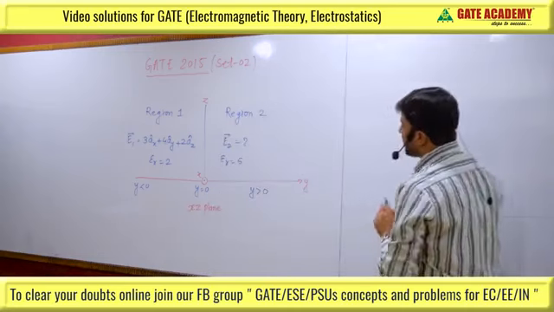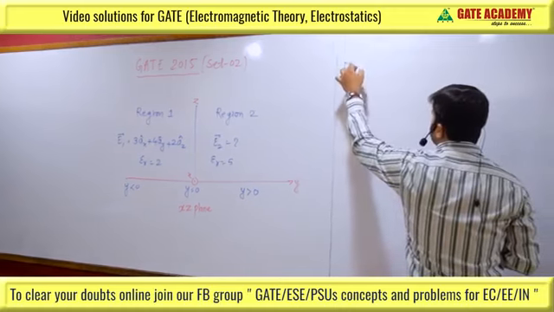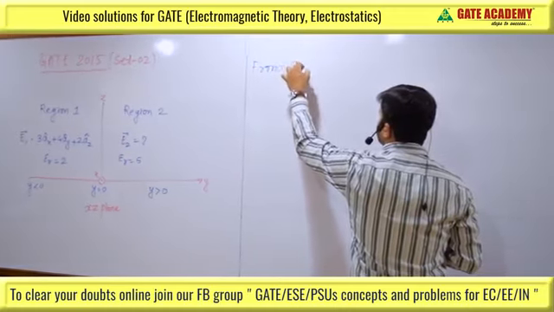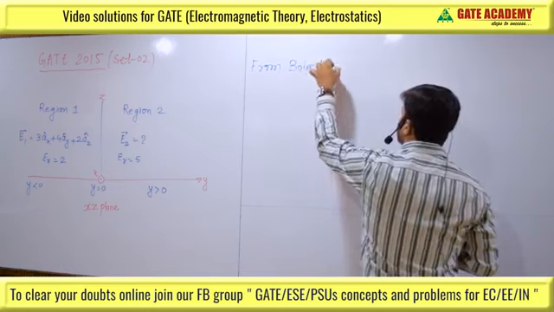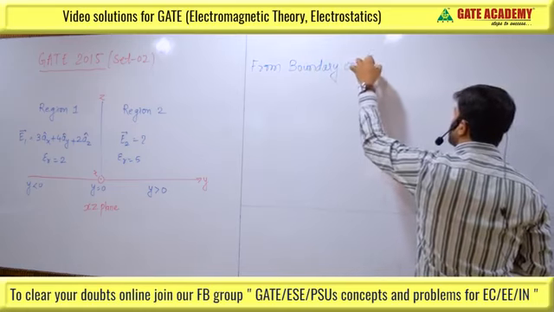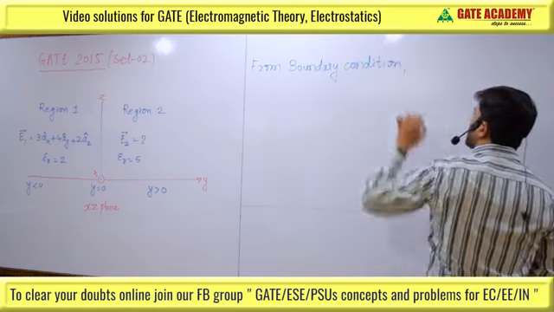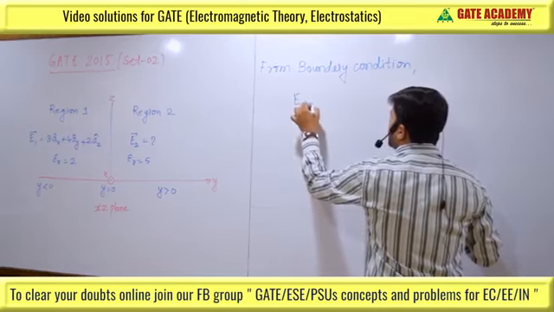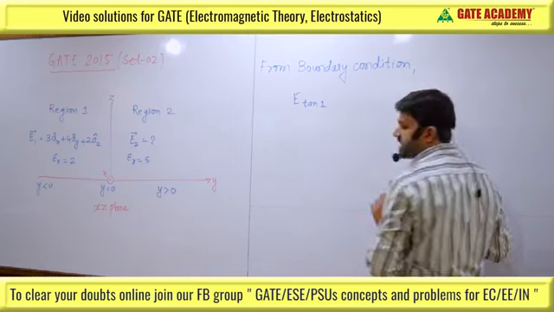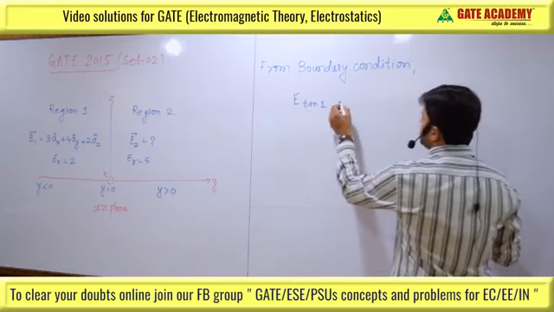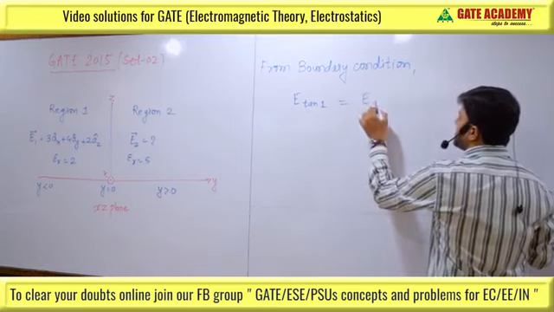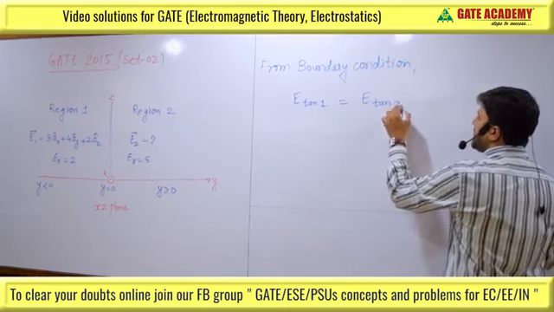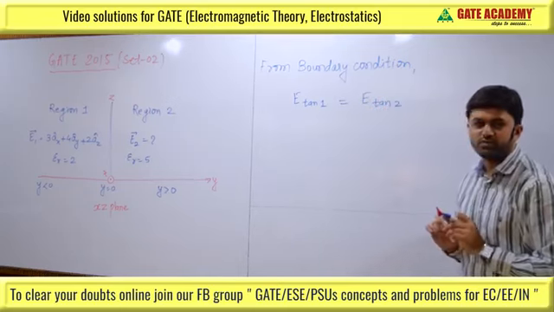Now from the boundary condition, we know that the tangential component of electric field in region 1 is the same as the tangential component of electric field in region 2.